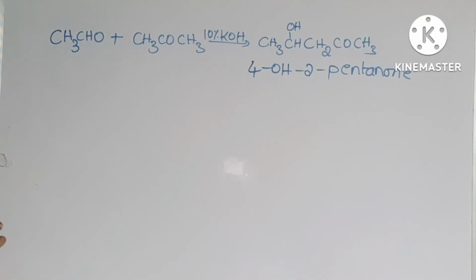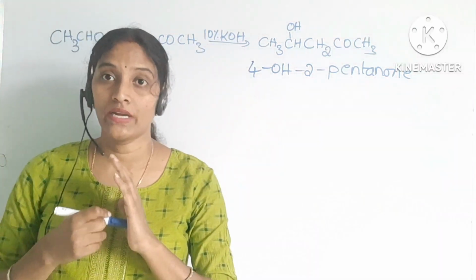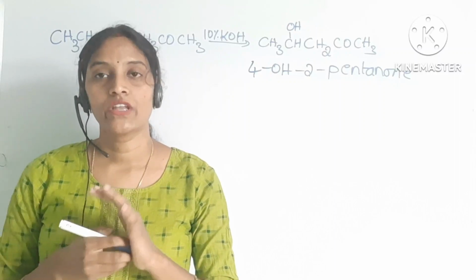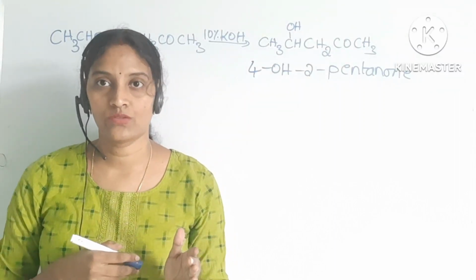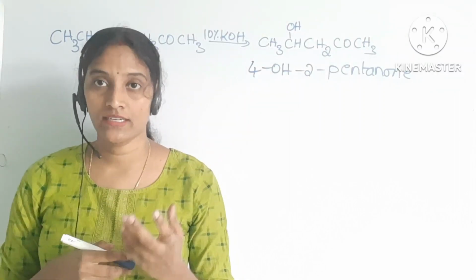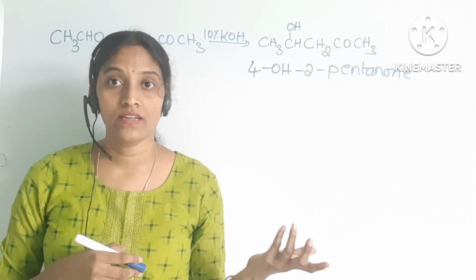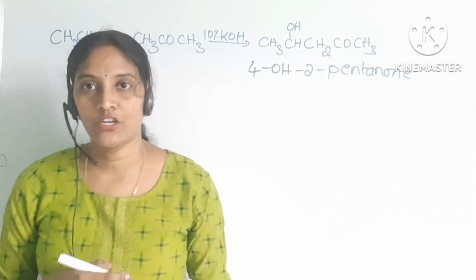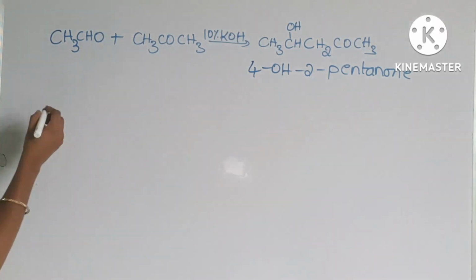And coming to benzaldehyde, we already know it doesn't have any alpha hydrogen, but it is going to be condensed with an aliphatic aldehyde or another ketone. So one more reaction you can see about this.